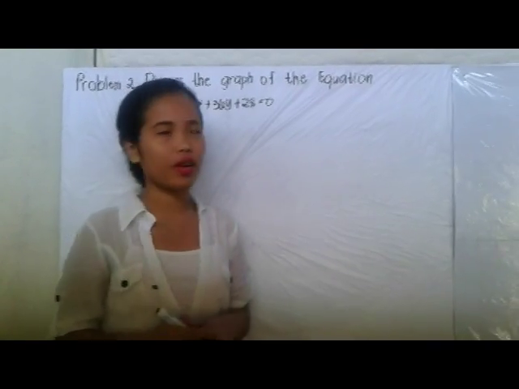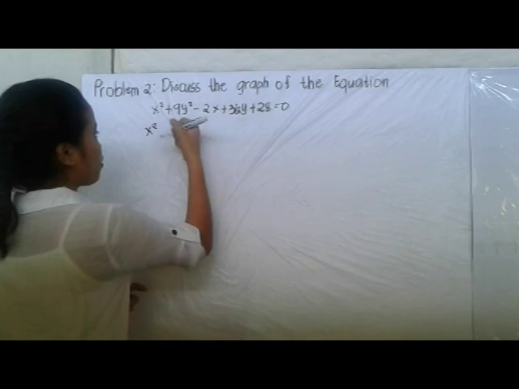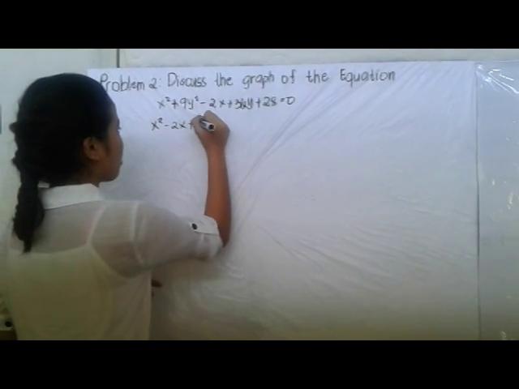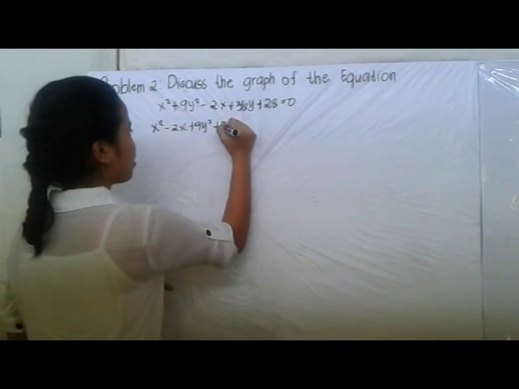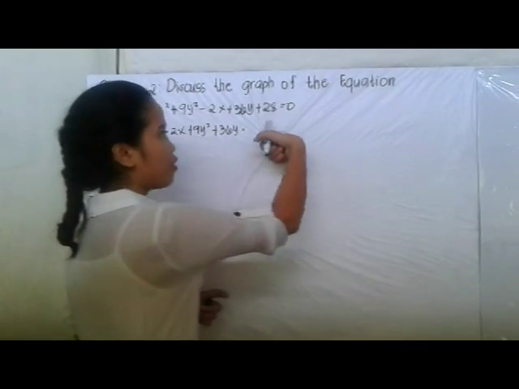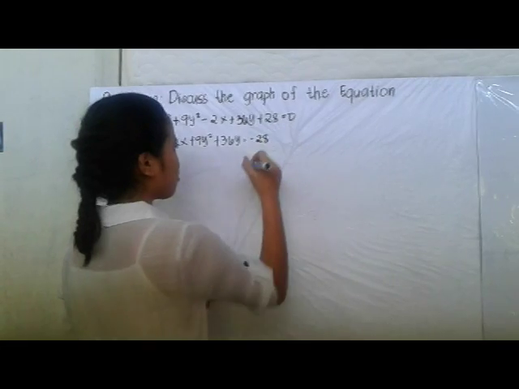So we have x squared minus 2x, then positive 9y squared and positive 36y, and the constant moves to the right as negative 28.